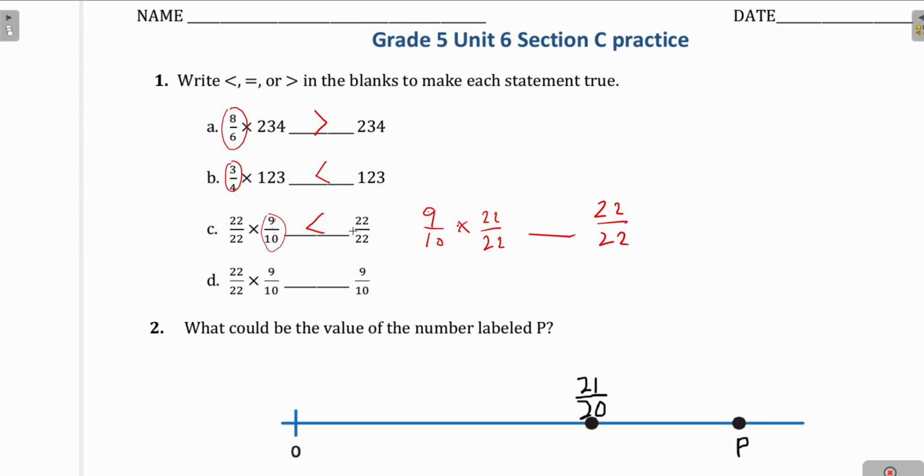And we can reason about this another way, because we can say this is 1 whole, right? So 9/10 of 1 whole, let's say of an apple, whatever. 9/10 of 1 apple is going to be less than the apple.